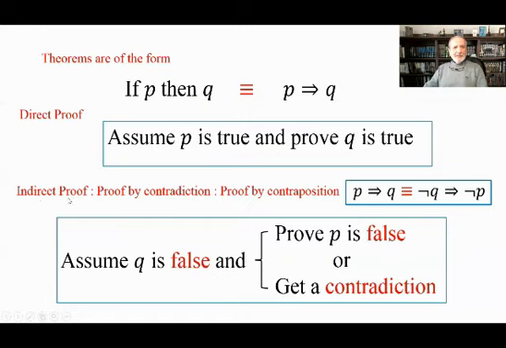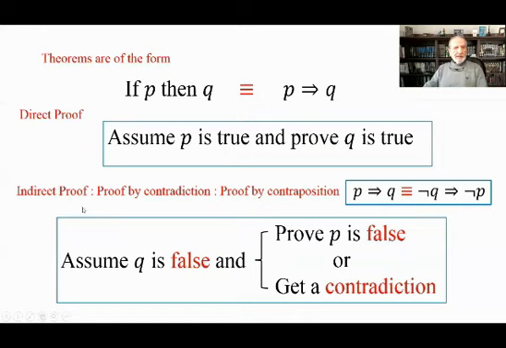Now, the indirect proof, proof by contradiction, proof by contraposition, they all are the same, and they're based on this: P implies Q is equivalent to not Q implies not P. And I advise you to go to my video on logic theory to get more information about this. So P implies Q is the same as not Q implies not P.